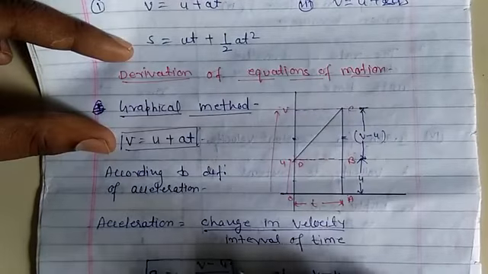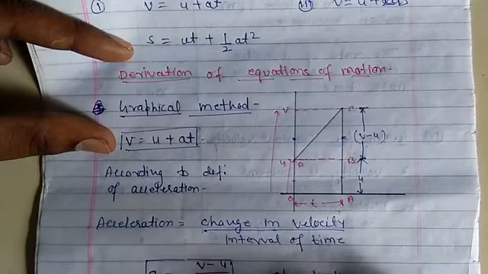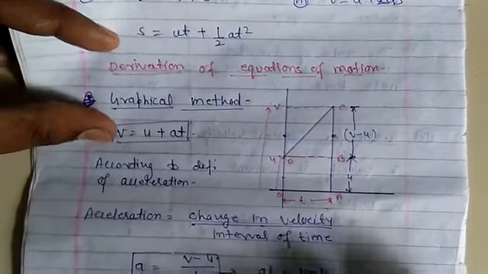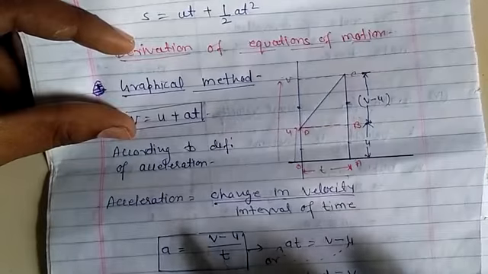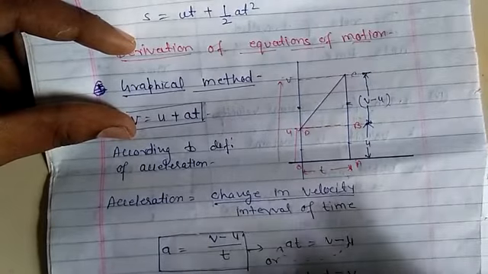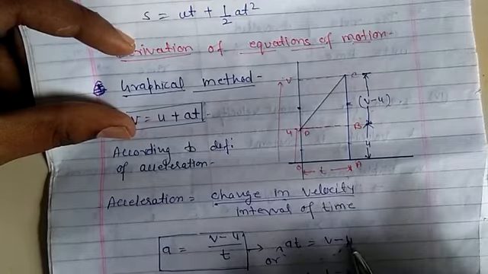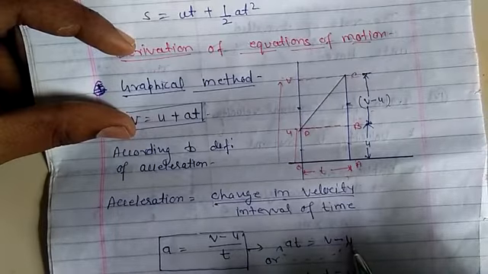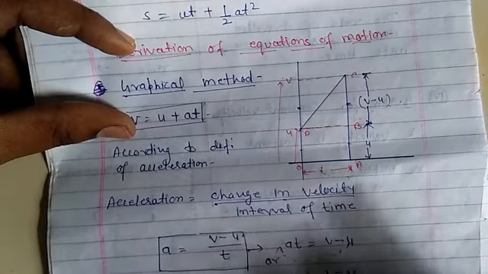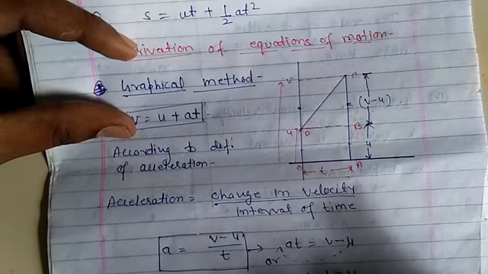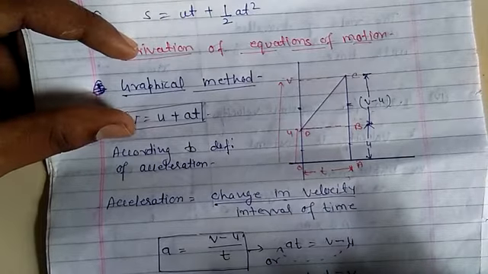Then a is equal to v minus u upon t. By cross multiplying, at is equal to v minus u, or u plus at is equal to v. This is the first equation.